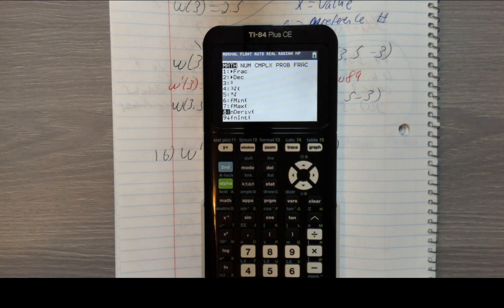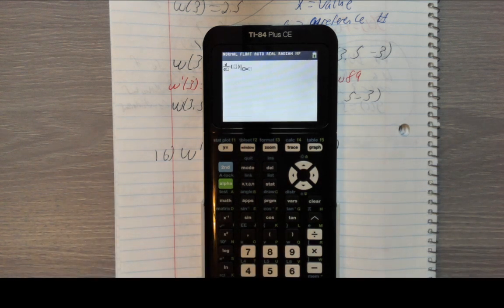Symbolab's not bad. I imagine Desmos can do derivatives and integrals, so maybe Desmos. But reach out to me individually if you have questions on that. For most of you, you're going to want to go to nderiv.